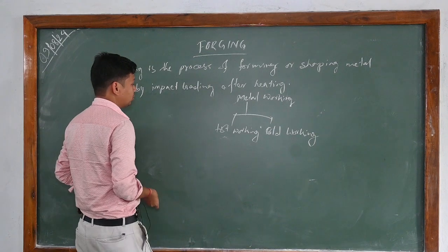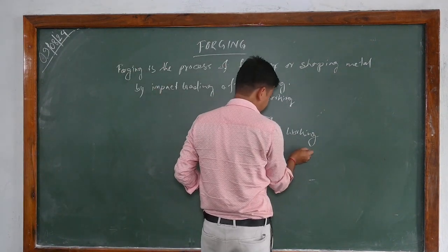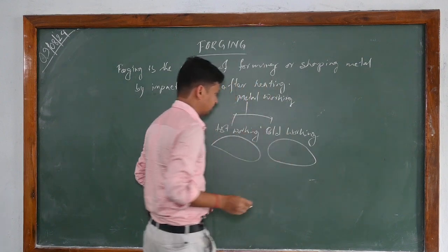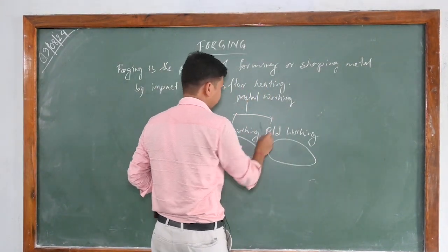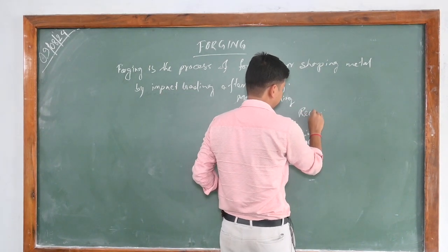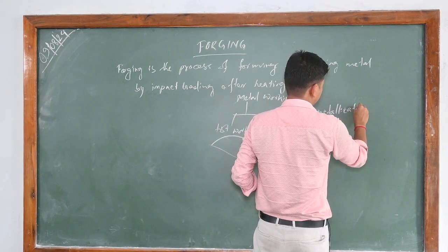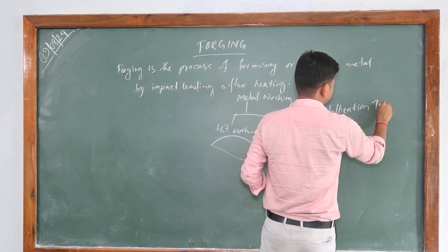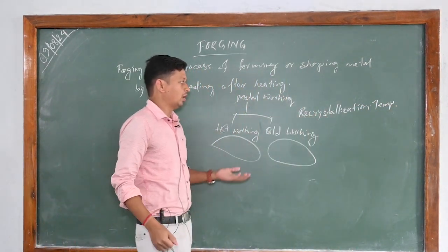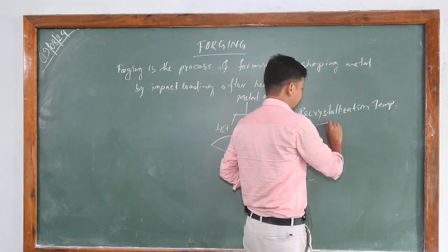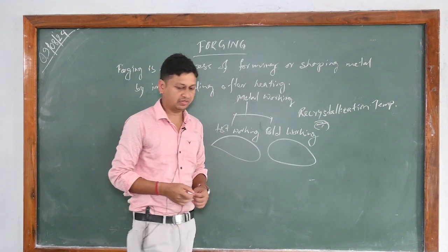Some forging operations belong to hot working and other forging operations belong to cold working. It is classified according to the recrystallization temperature. Recrystallization temperature is the temperature beyond which the crystal structure of a metal is changed.